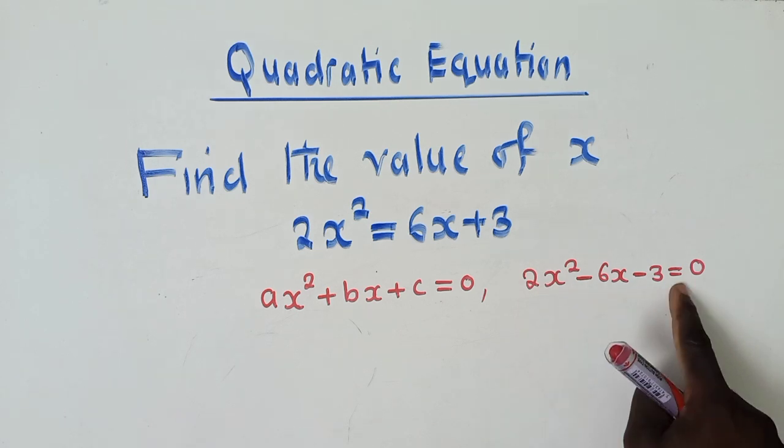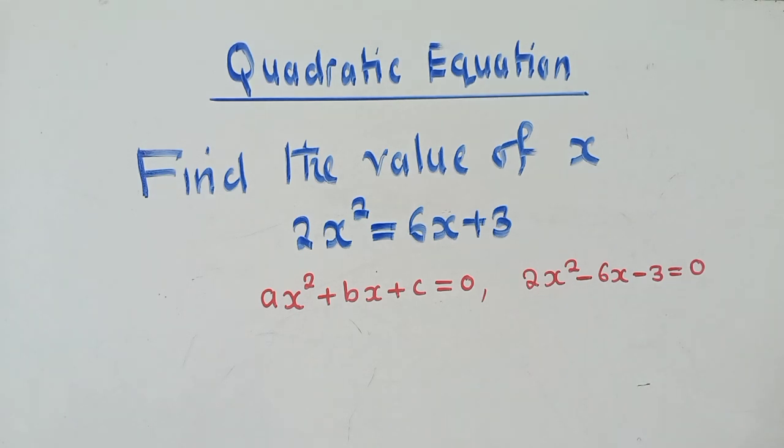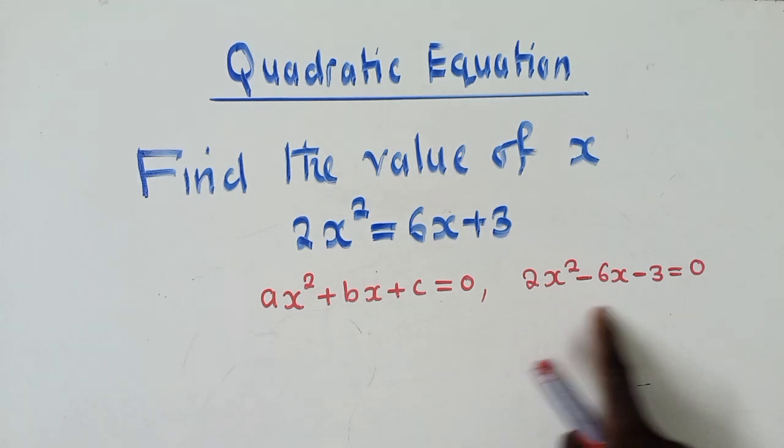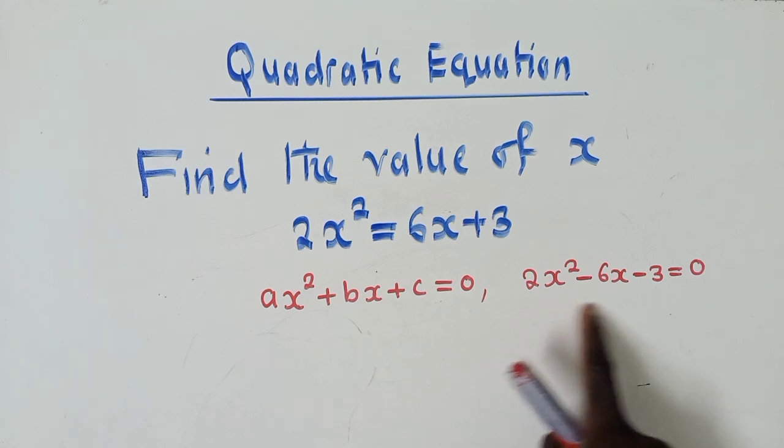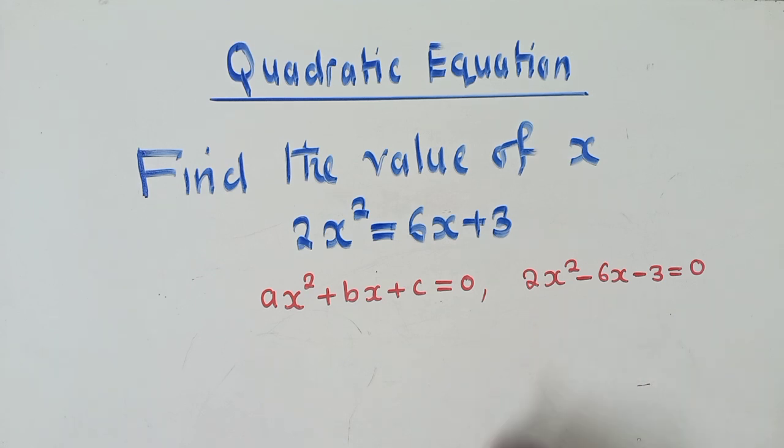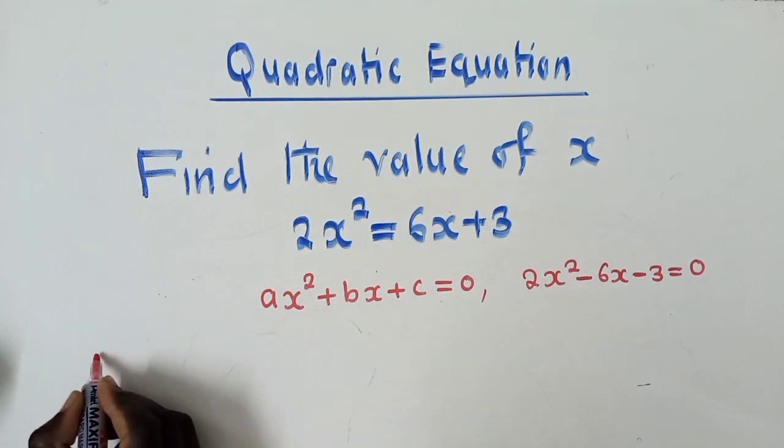When you've put it in standard form like this, what other thing are you supposed to think about? Methods of solving it. What method can we use here? The method that can be used here is the quadratic formula method. So let me just write the quadratic formula here.